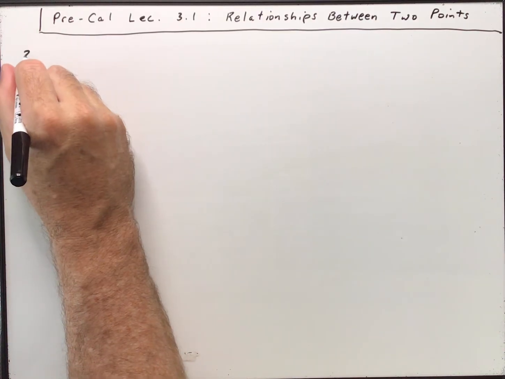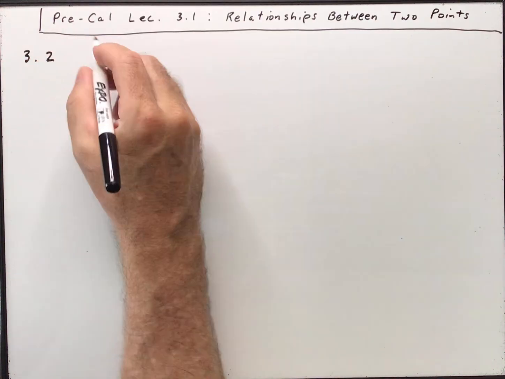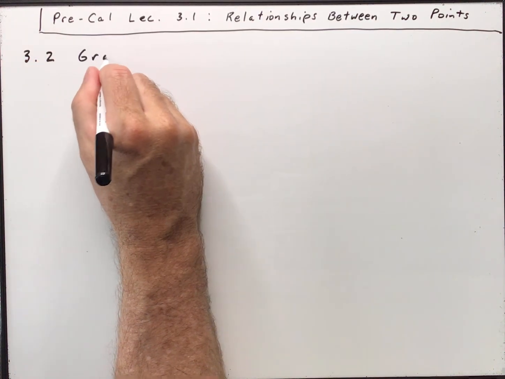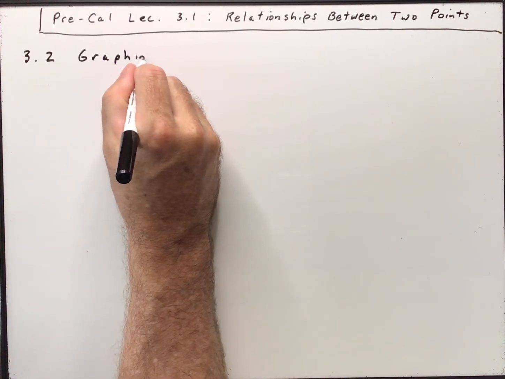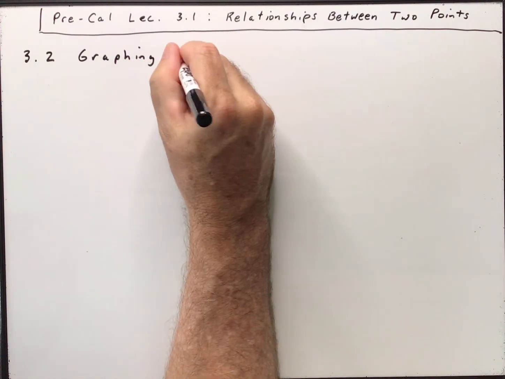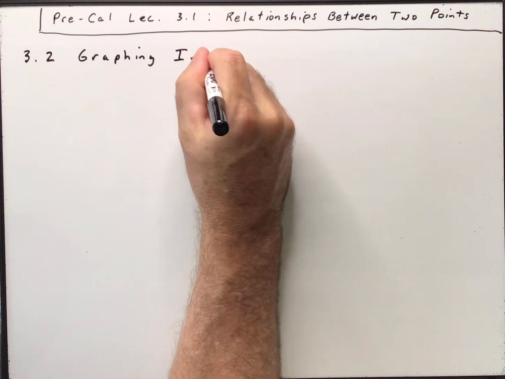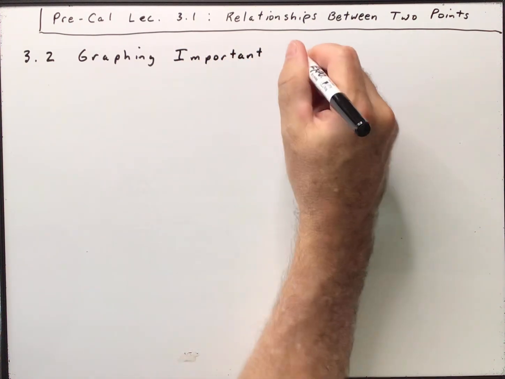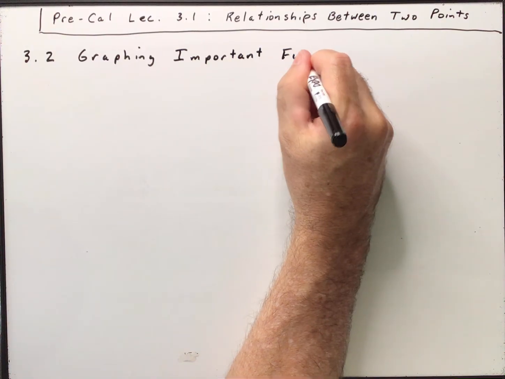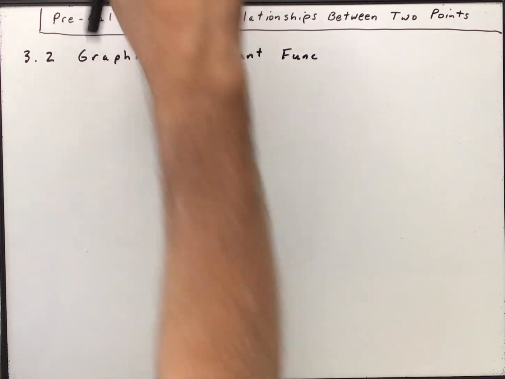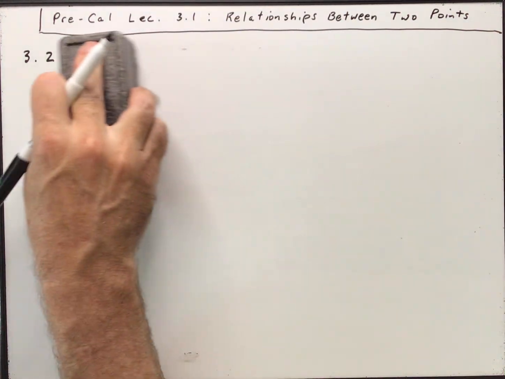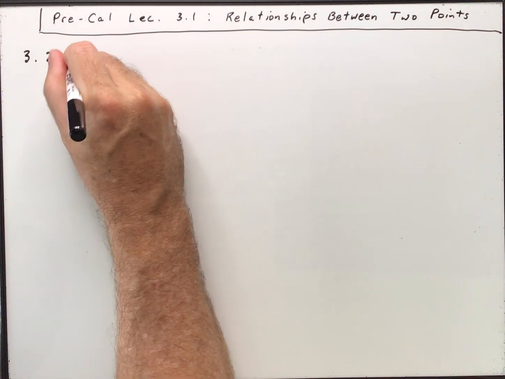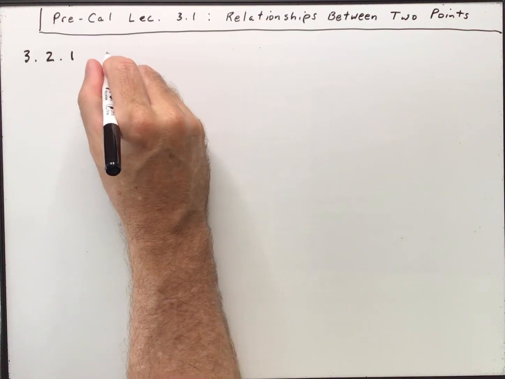So section 3.2 is called graphing important functions. Actually, I'm not going to, we'll get to that in 3.3. I apologize, erase that. 3.2.1, we're going to just call circles.